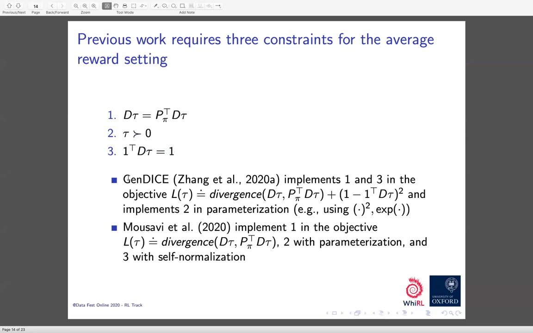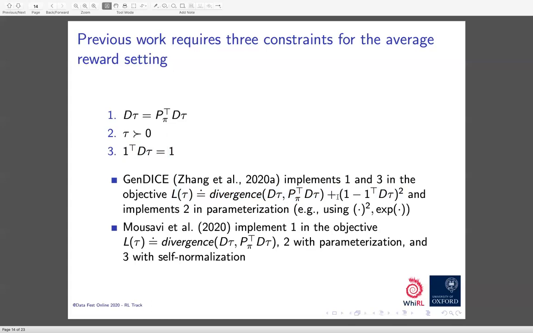So in previous work, for example, GenDICE, they implement the first constraint, the backward Bellman equation, and the third constraint, the normalization constraint, in their objective directly. So they have this objective. Here, this objective consists of 2 terms. The first term is a divergence term to measure the difference between the left-hand side and the right-hand side of the backward Bellman equation.